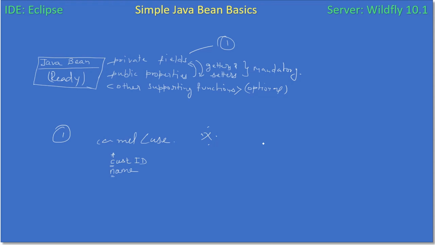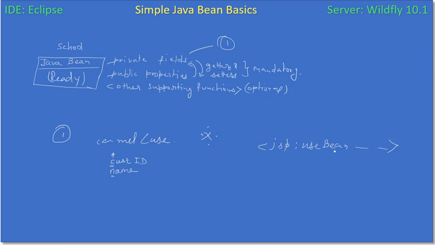In JSP we can access these beans using the special tag called jsp:useBean. This is one tag, and we will see it in more detail later. It tells that the JSP page will make use of the bean. For example, if you create a bean called school, you can use the JSP tag to use that school.